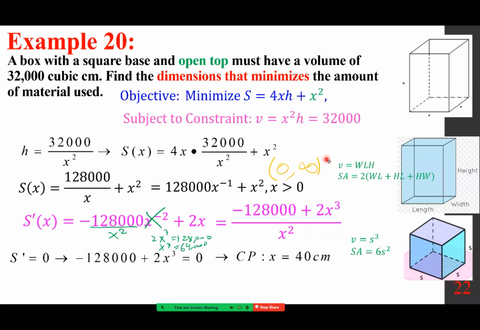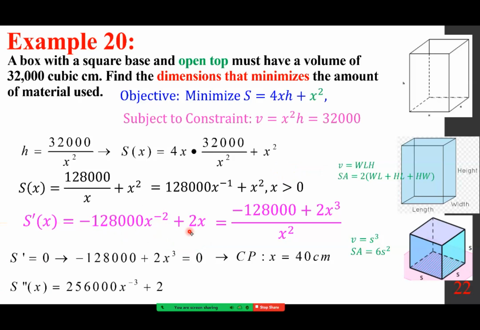Is this going to maximize or minimize? We don't know. So we go with the second derivative test. Clean up the mess so we can see. So here's S prime. If I differentiate it again, the product of these two gives me 256,000 x to the power minus 3 plus 2. And remember what we should do: we should plug in 40.